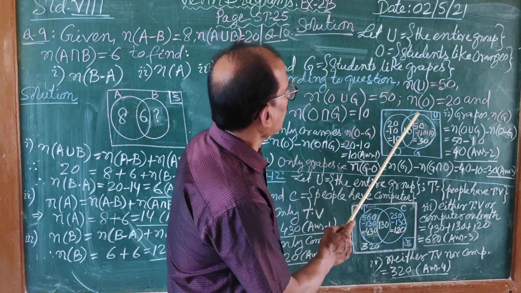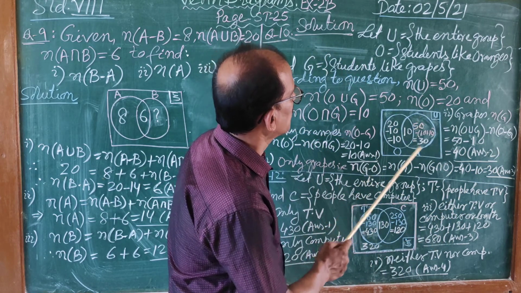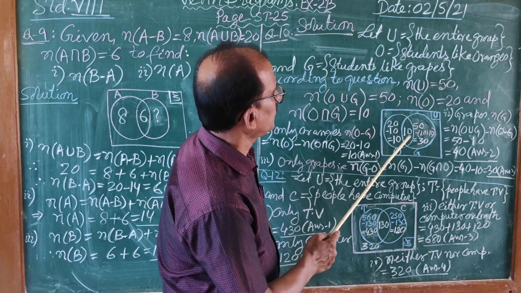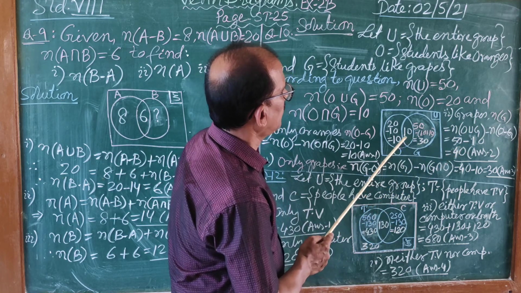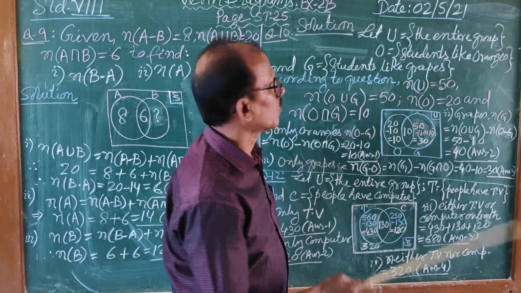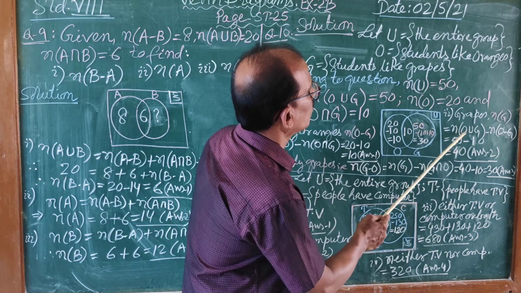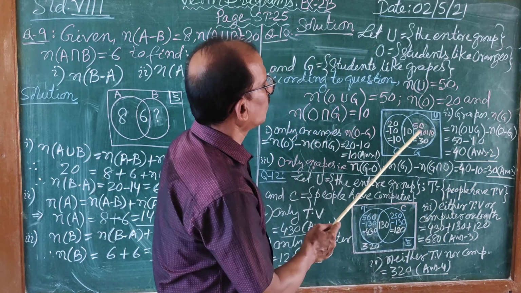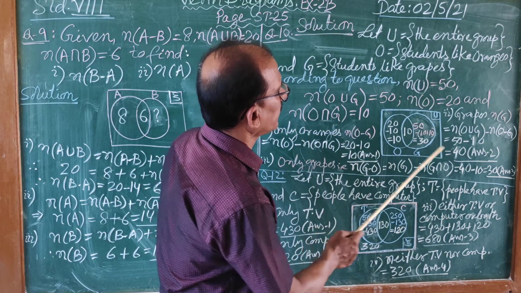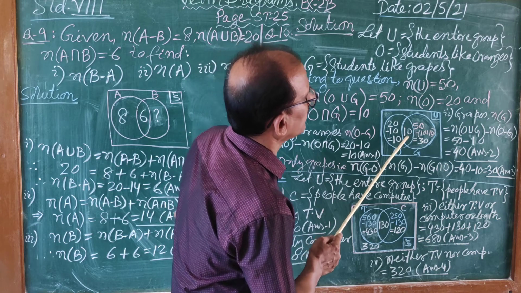How many are representing grapes? Here these two. Therefore, you have to subtract from 50, because 50 is the total number of students. So n(O union G) minus n(O minus G). Total minus intersection.